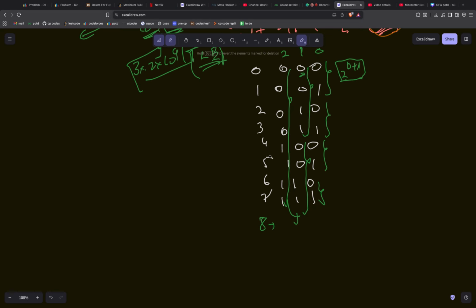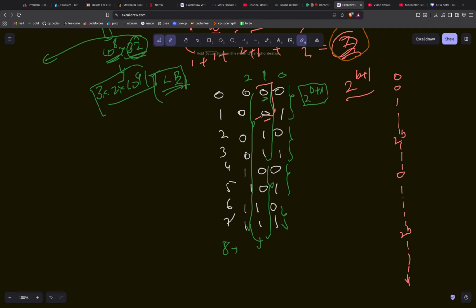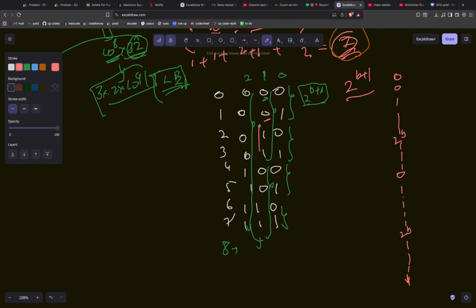So this makes sense. Now, we know the group size and also the group pattern. If a group is of size 2 raised to the power b plus 1, it would first have 2 raised to the power b zeros, then 2 raised to the power b ones. Here, 2 raised to the power 1 zeros, that is 2 zeros, and 2 ones.